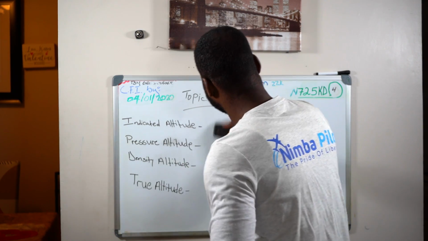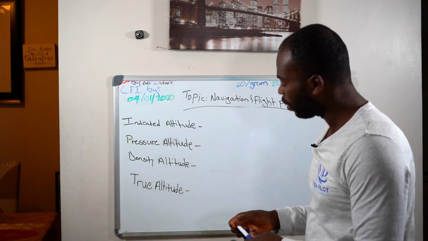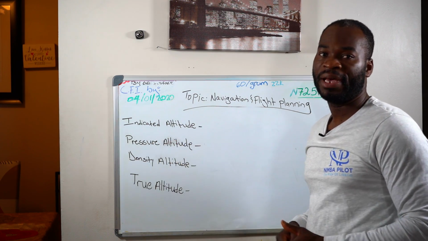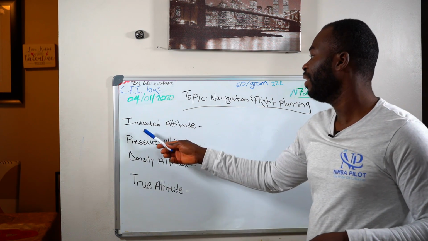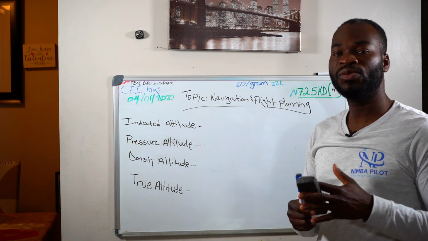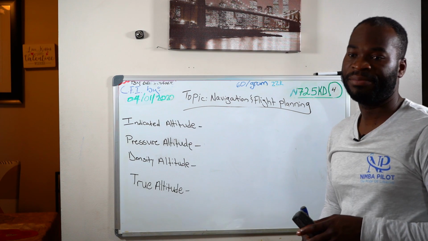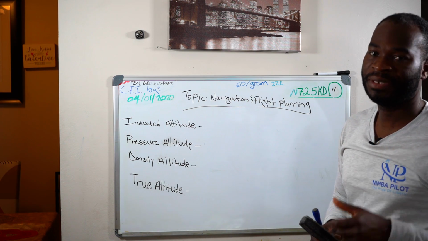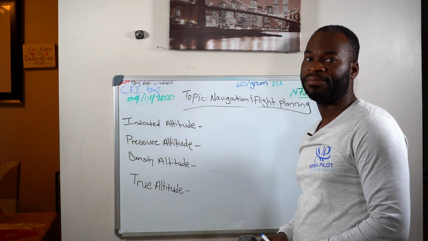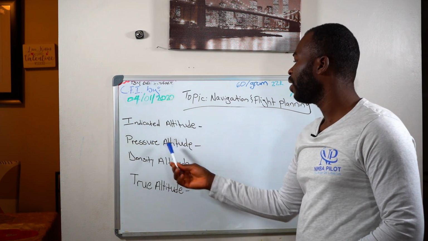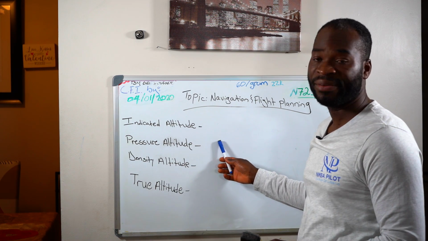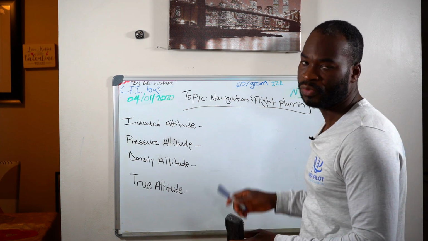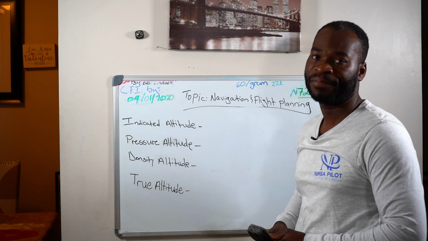Your indicated altitude, what is it? You got it right. Indicated altitude is the altitude you read directly off of your altimeter when you set it to the current altimeter setting. What about pressure altitude? Pressure altitude is the height above the standard pressure level of 29.92 inches of mercury.